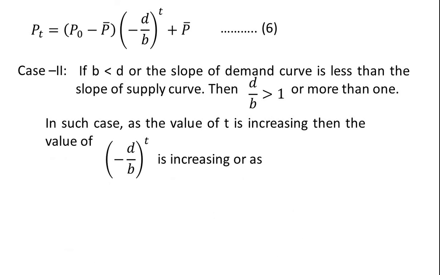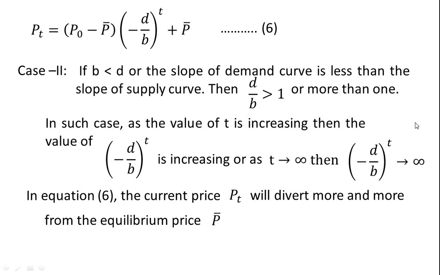In such case, as the value of t is increasing, the value of minus d by b to the power t is increasing, or as t tends to infinity, minus d by b whole to the power t will also tend to infinity.